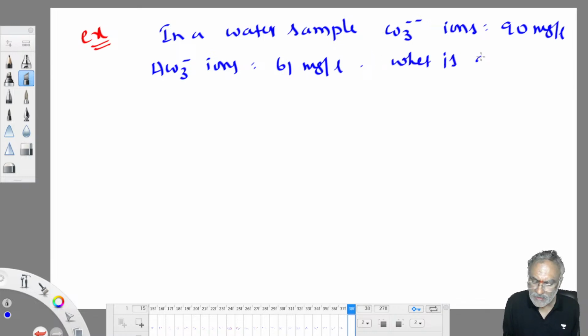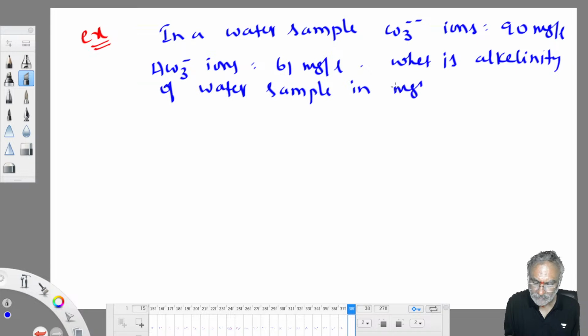What is the alkalinity of water? Nothing but total alkalinity only.